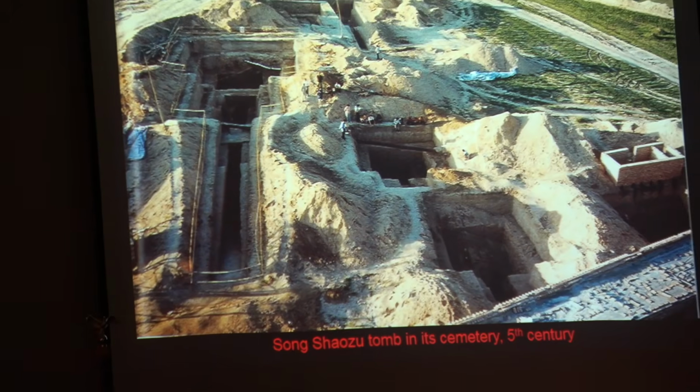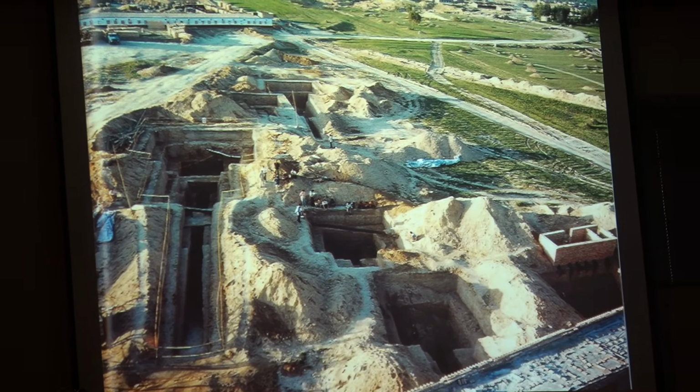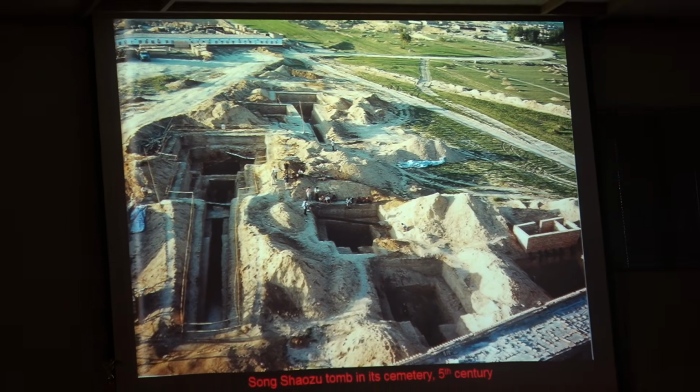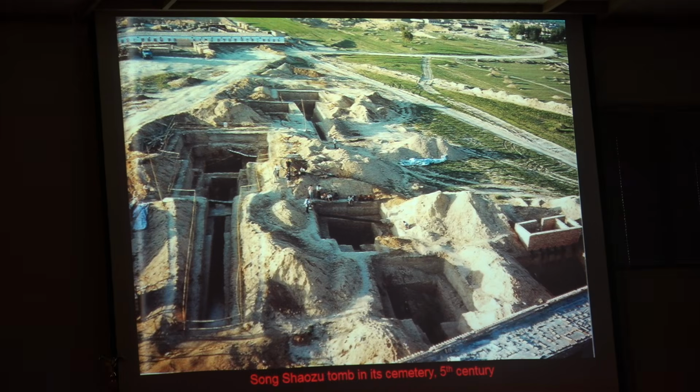And if you remember, I said we looked at Han tombs, and we looked at 3rd century tombs, and we looked at 4th century tombs. Here we're looking at 5th century tombs, and this is the kind of picture that wasn't available to people in the 1900s, but there's lots of pictures like this that come out of China now. So one very large tomb on the left with an entry ramp and 2 chambers and a little passageway between them.